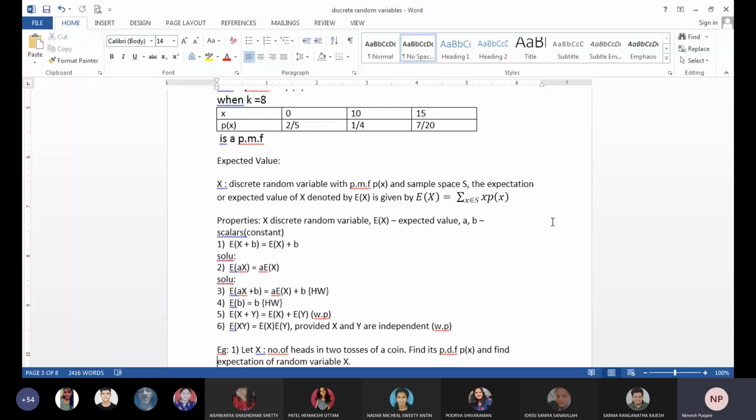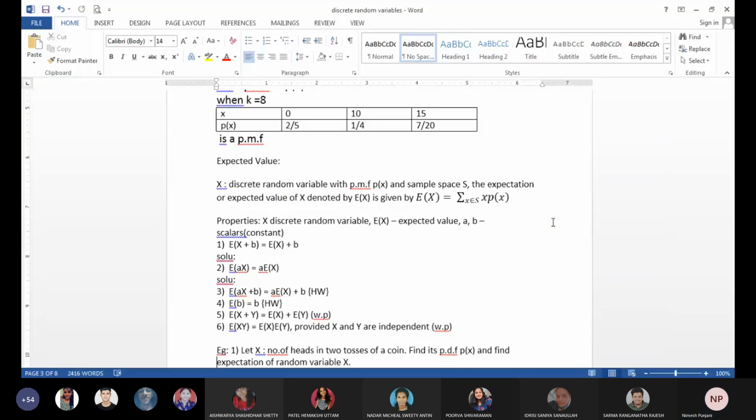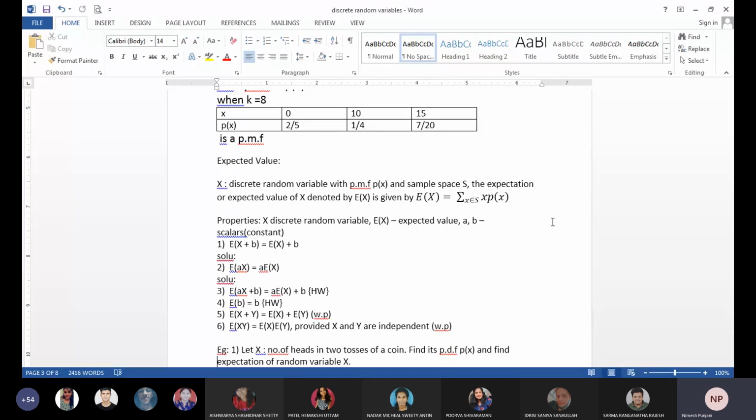Second property: expected value of aX is a times expected value of X. Third property is the combination of first and second: expected value of aX plus b is a times expected value of X plus b.